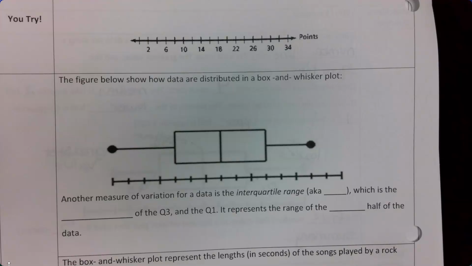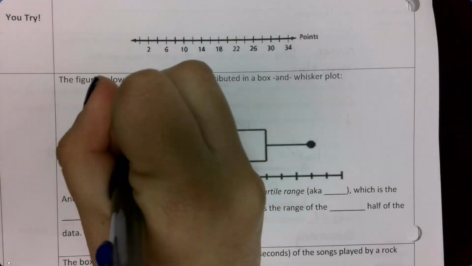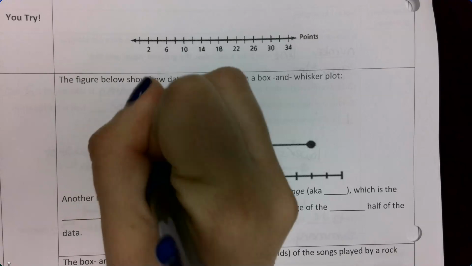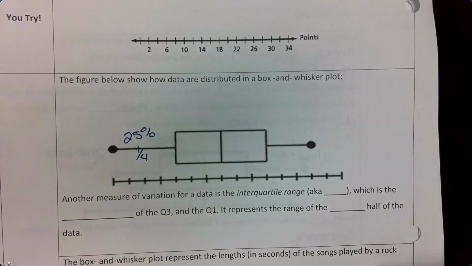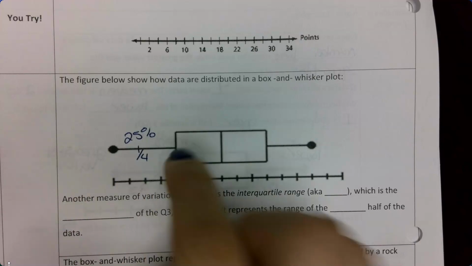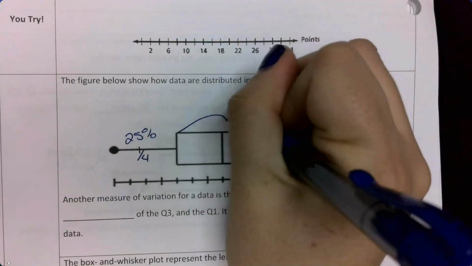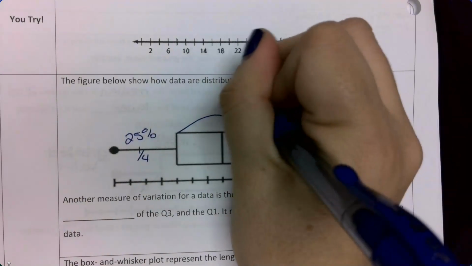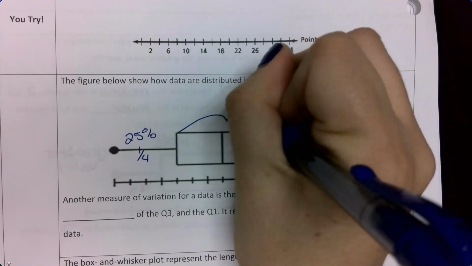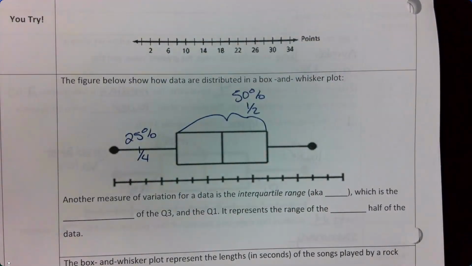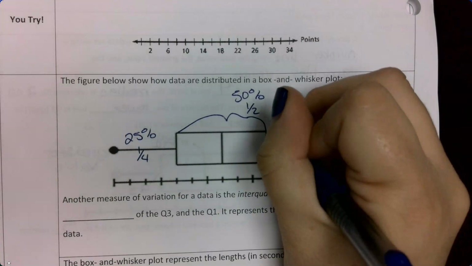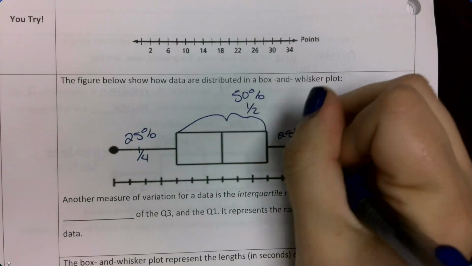Okay, so here we have a figure, and it's going to show how the data is distributed in a box and whisker plot. So 25% of the data, or 1/4 of it, is in this little section right here. In this box area, it's 50%, or 1/2 of the data. And then over here at this end is 25%, or 1/4 of the data.